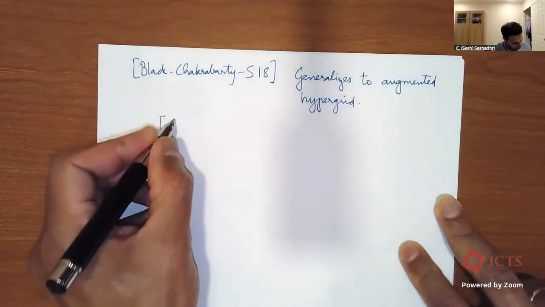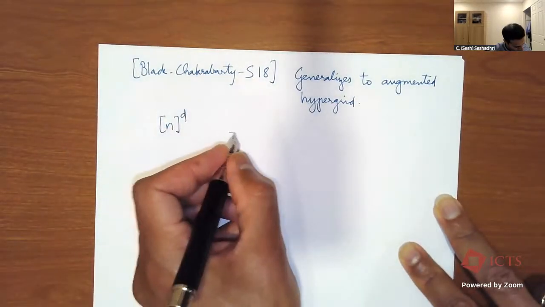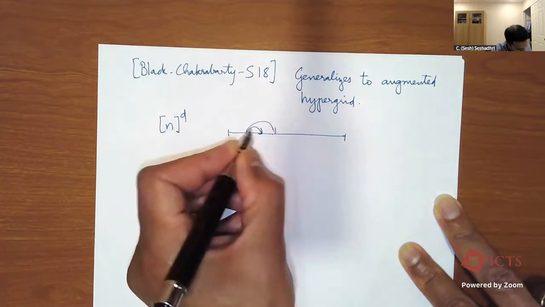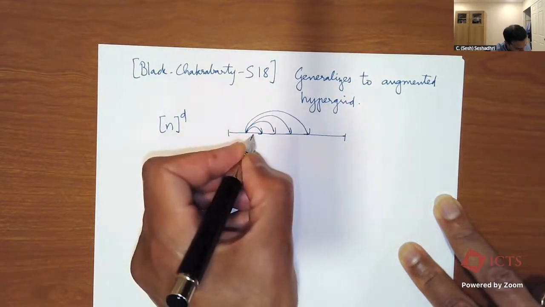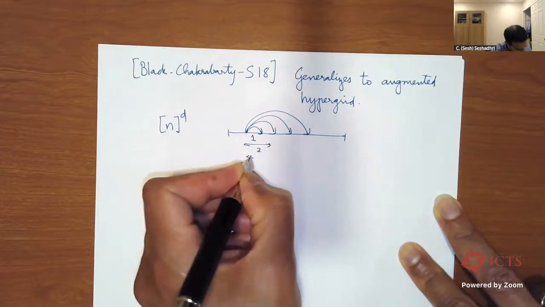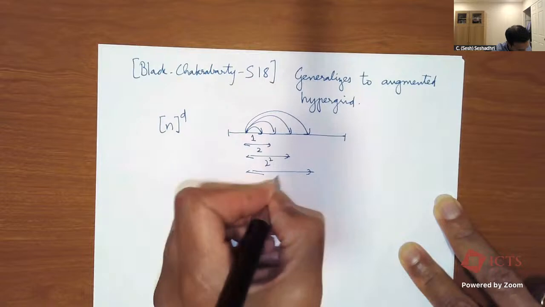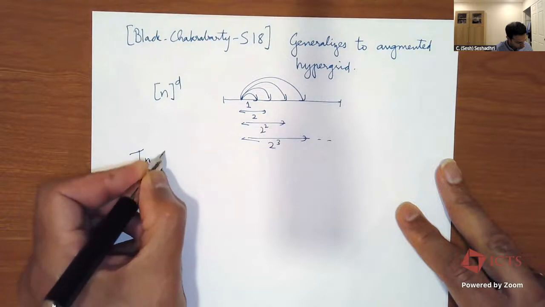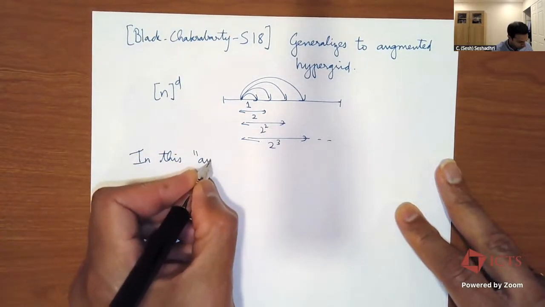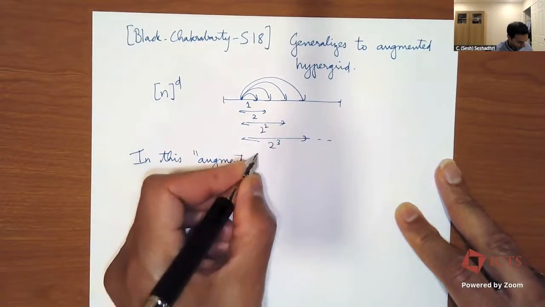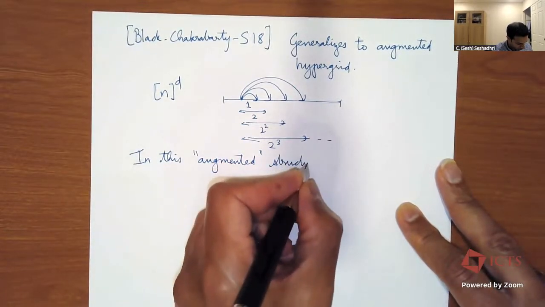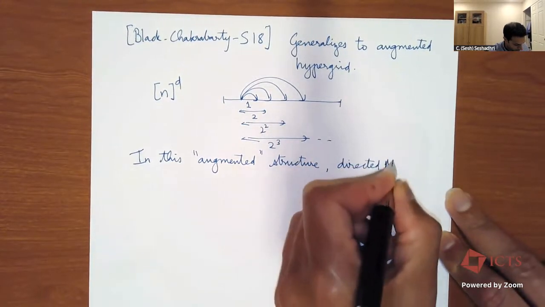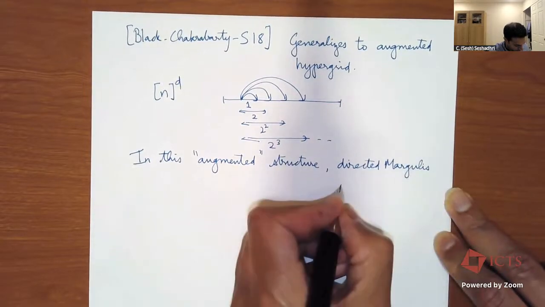This is where you take n to the d, and you look at any line and put an extra edge between all power of 2 differences, 2 squared, 2 cubed, and so on and so forth. If you augment this, then in this augmented structure, directed Margulis holds.